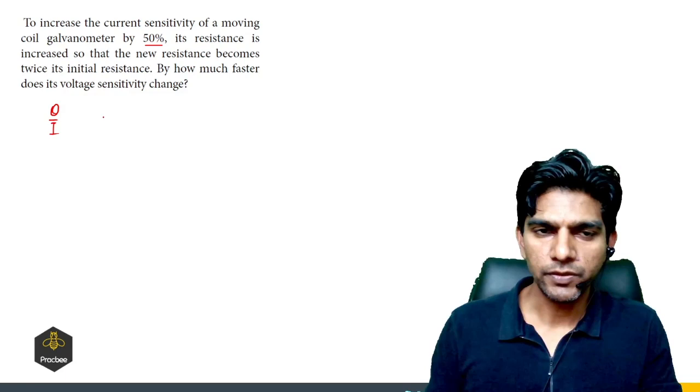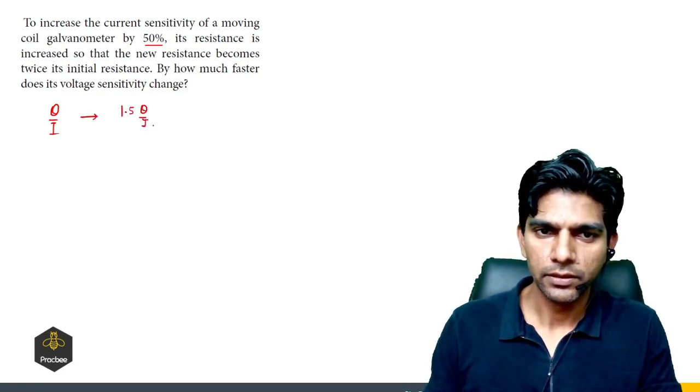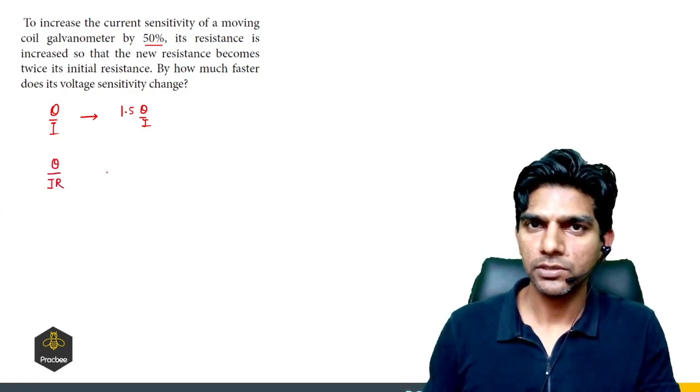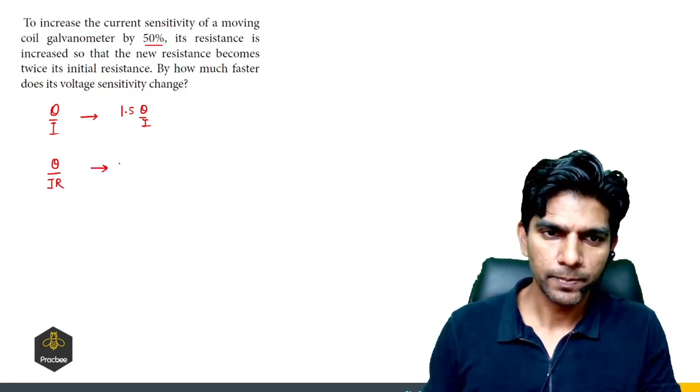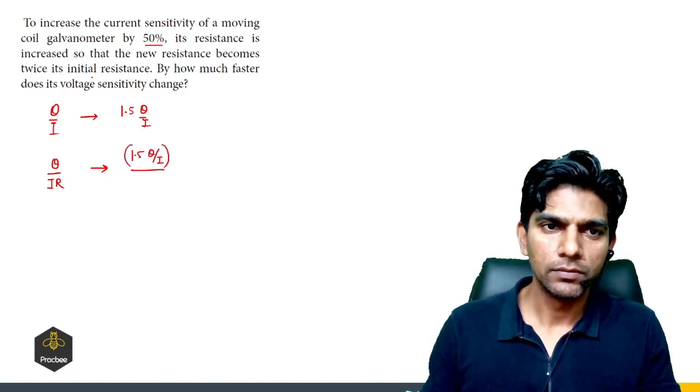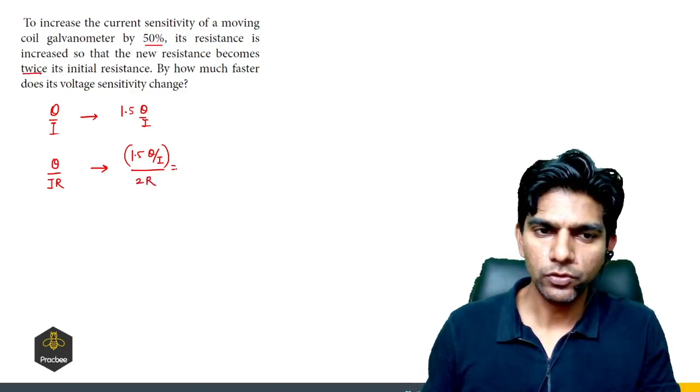Now it has increased by 50%, so it has become 1.5 times theta by I. And voltage sensitivity is theta upon IR, that is the original value. Now theta by I has become 1.5 theta by I, and R has become double, so 2R. So we can say the new voltage sensitivity is 1.5 by 2 times theta by IR.